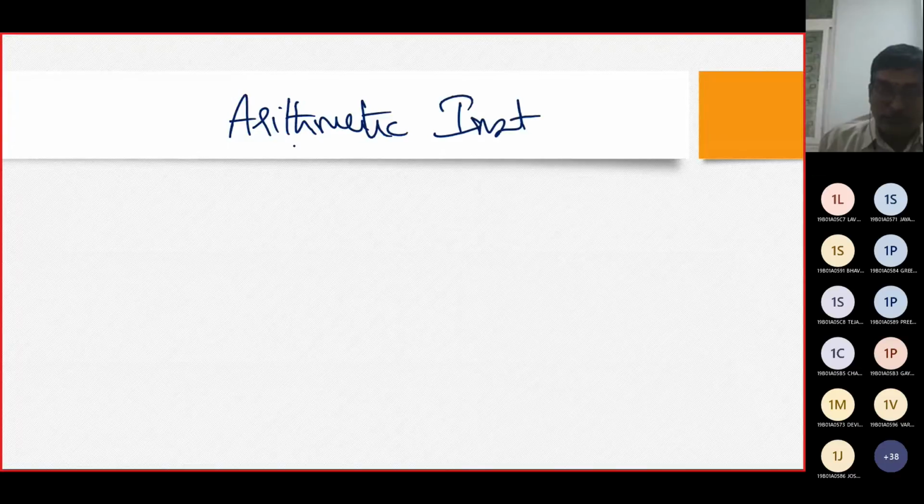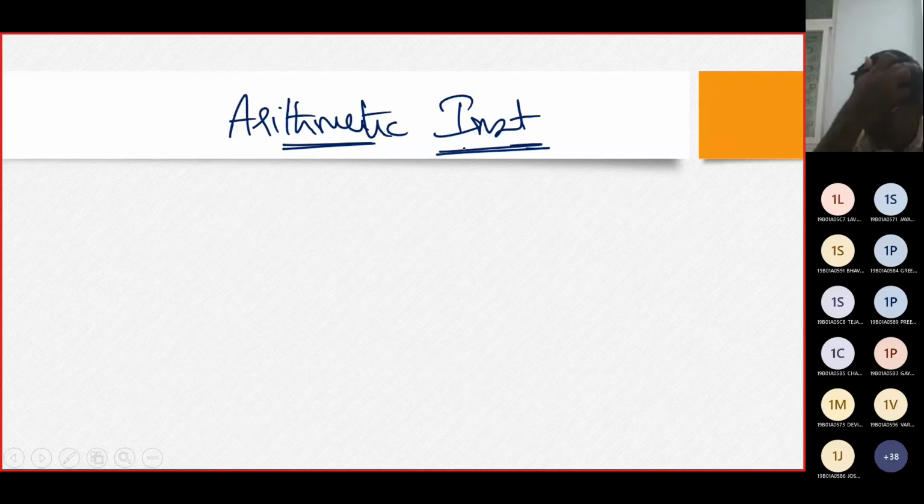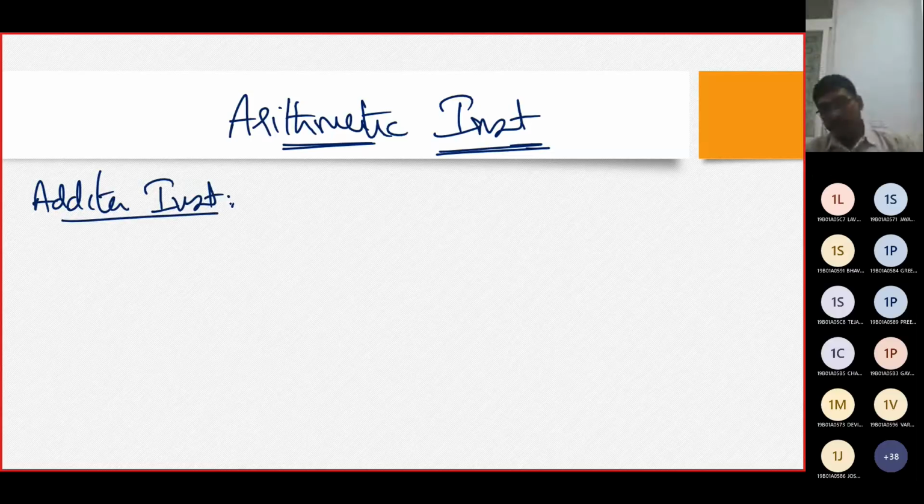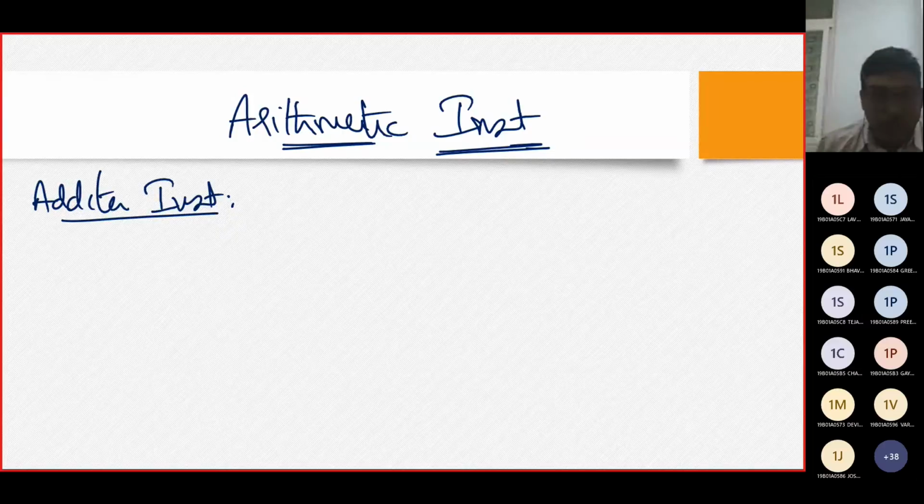arithmetic instructions. When we are dealing with arithmetic instructions, we have the very first category called addition instructions. In addition instructions, we have some special words.